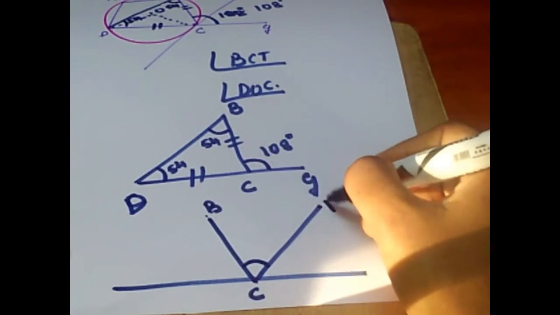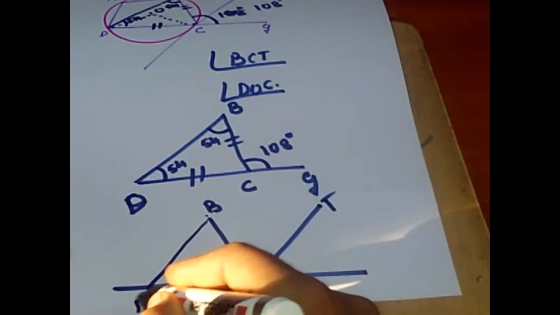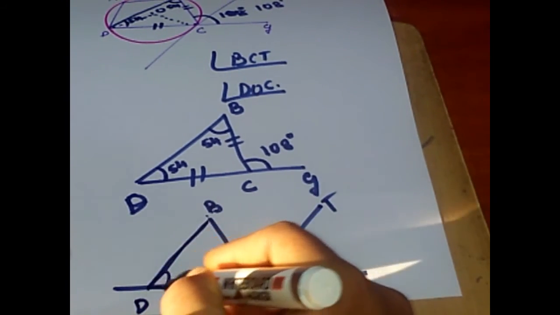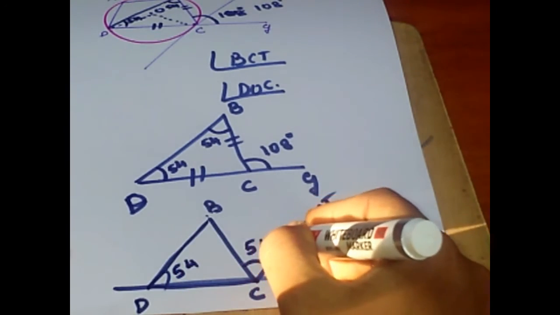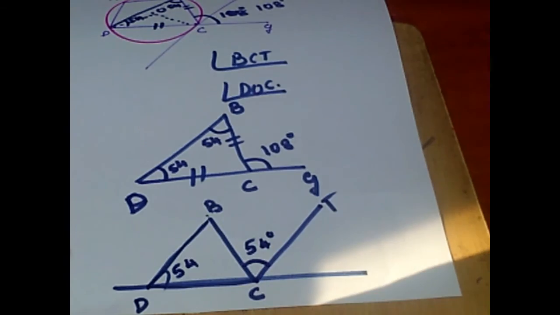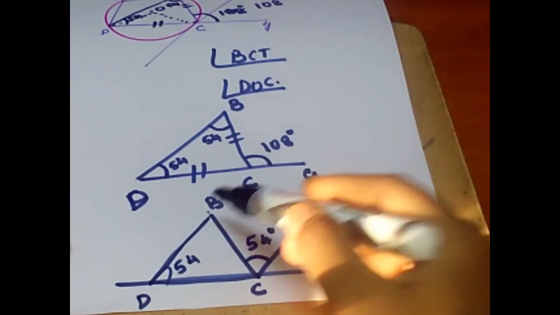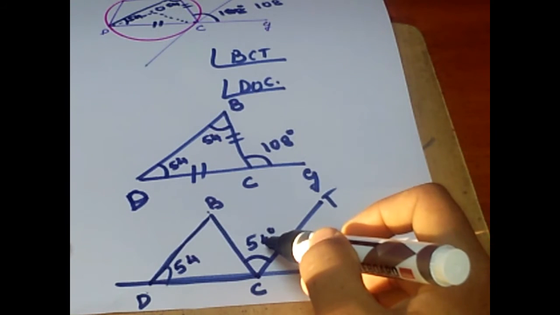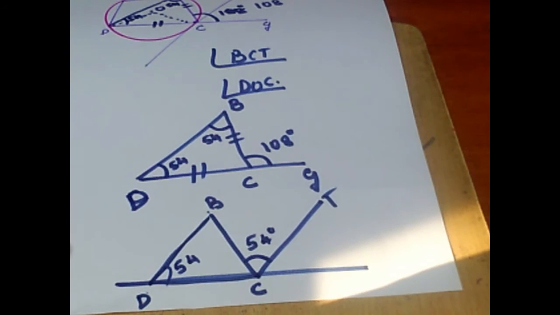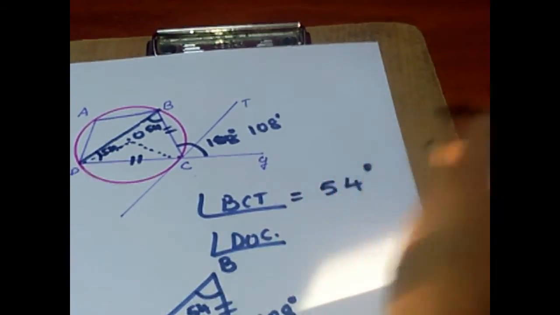So CT is the tangent, CB is the chord. So what is the angle formed at the point D? Angle in the alternate segment. Just now we proved this as 54. Hence this angle is also equal to 54. Angle in the alternate segment. Point number 2. Angle BCT is equal to angle BDC, which is equal to 54. The reason is angle of the alternate segment. So measure of first angle is calculated as 54 degree.